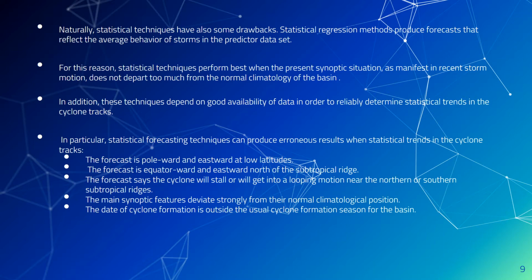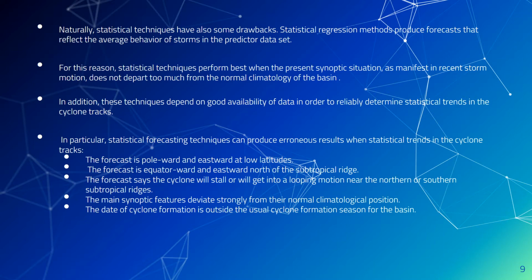For this reason, statistical techniques perform best when the present synoptic situation, as manifest in recent storm motion, does not depart too much from the normal climatology of the basin. In addition, these techniques depend on good availability of data in order to reliably determine statistical trends in the cyclone tracks. In particular, statistical forecasting techniques can produce erroneous results when statistical trends in the cyclone tracks.